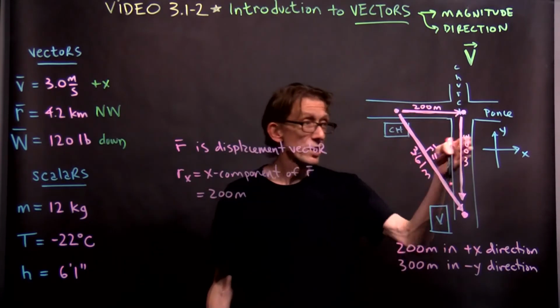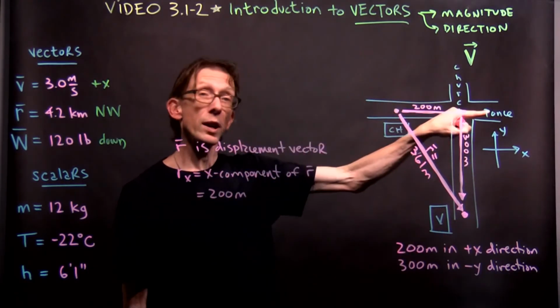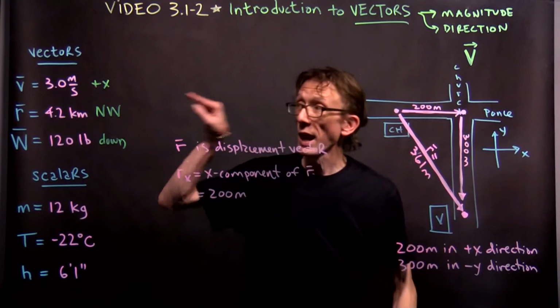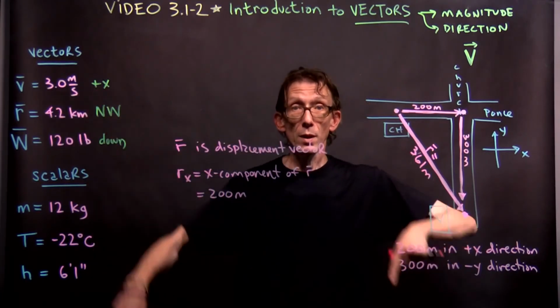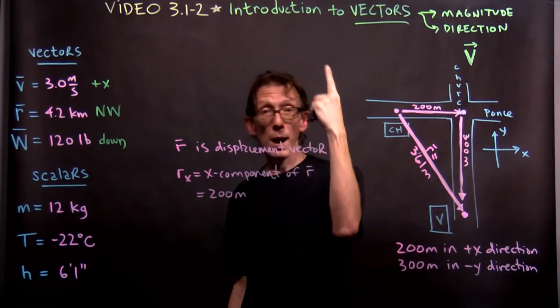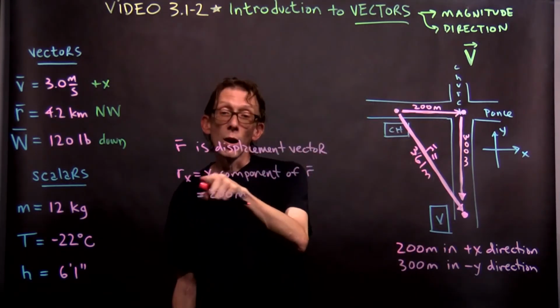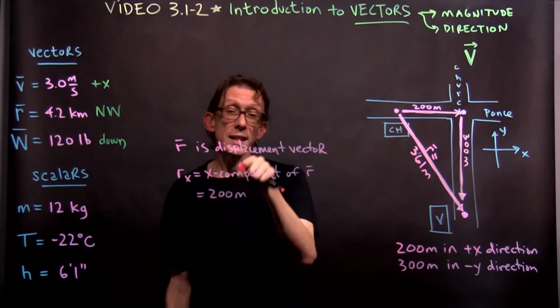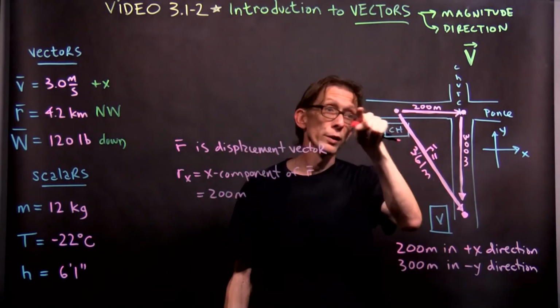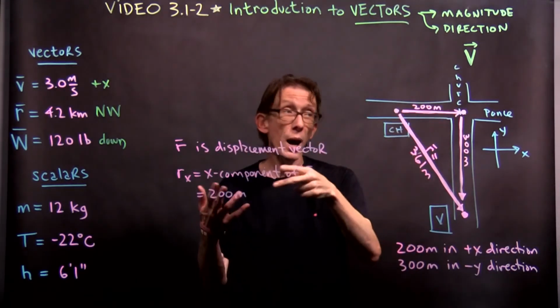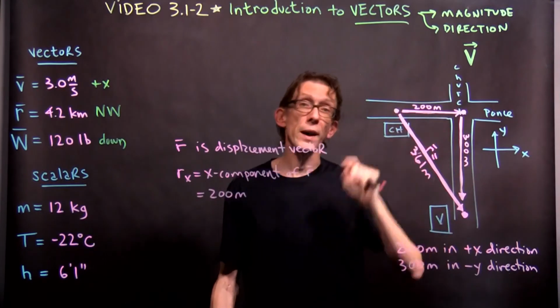Motion in that direction is in the positive x direction, motion that way is in the negative x direction, motion that way is in the positive y, and motion that way is in the negative y. So R sub x is the x component because it's moving along the x-axis, and it happens to be positive because you're going in the direction we define to be positive.